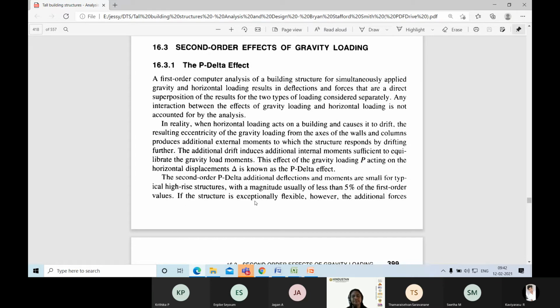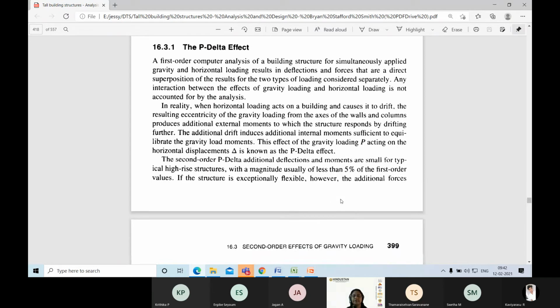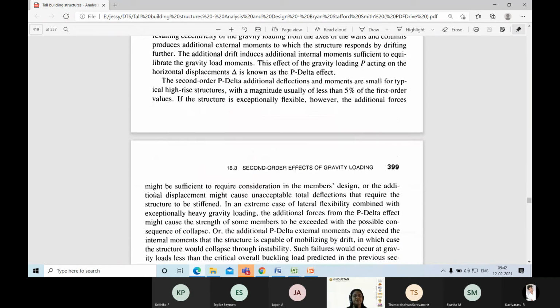But if the structure is exceptionally flexible, the additional forces might be sufficient to require consideration in the member's design, or the additional displacement might cause unacceptable total deflections that require the structure to be stiffened.